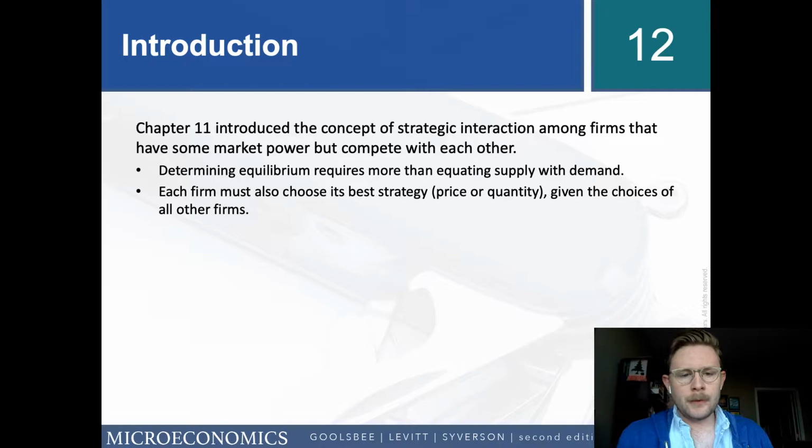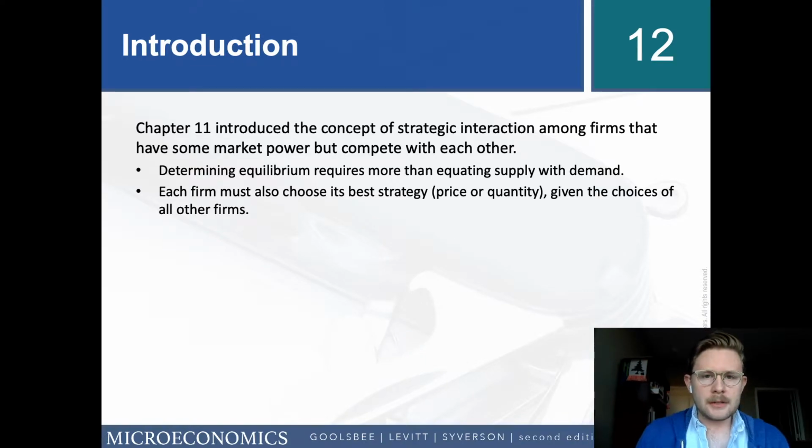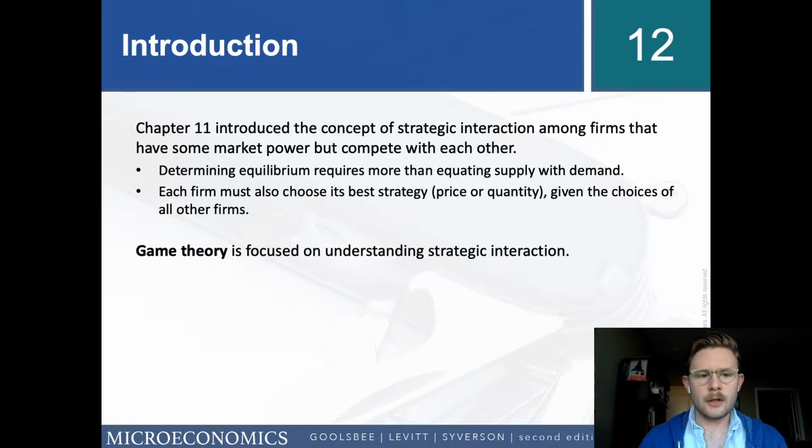compete with each other. But in the real world, determining equilibrium requires more than just equating supply and demand. Each firm also has to choose its best strategy given the choice of all other firms. Game theory is the tool that economists use to solve that sort of problem.